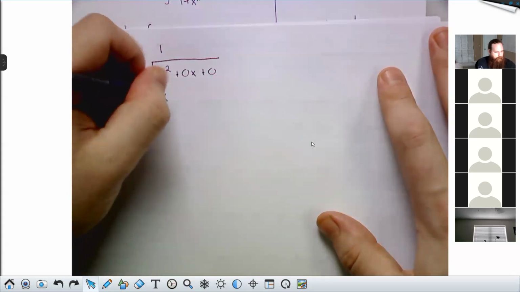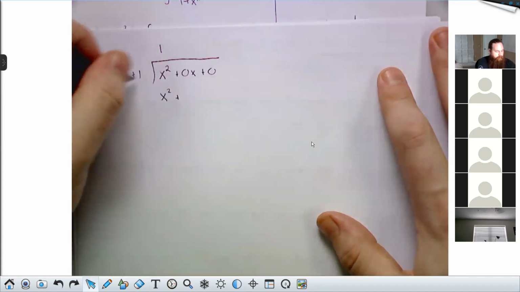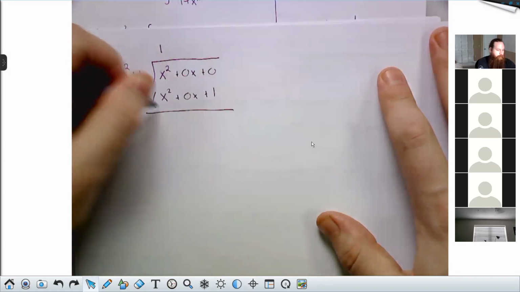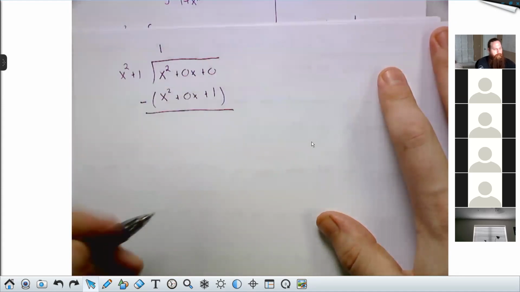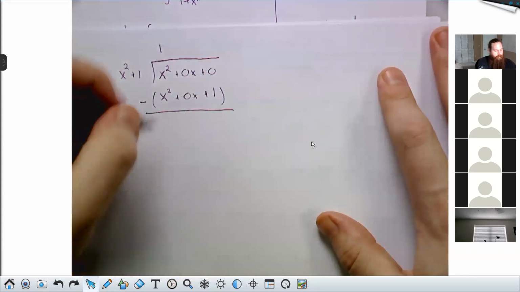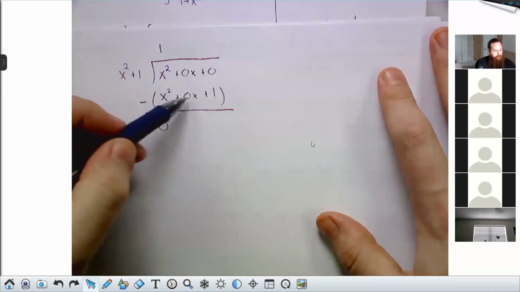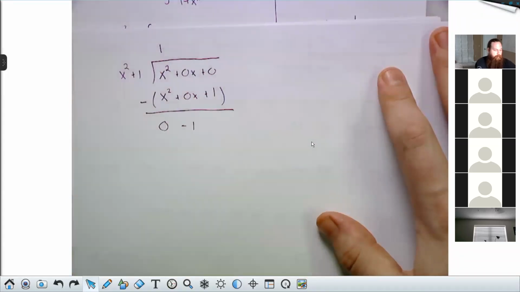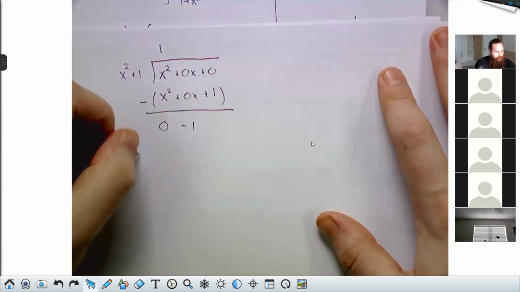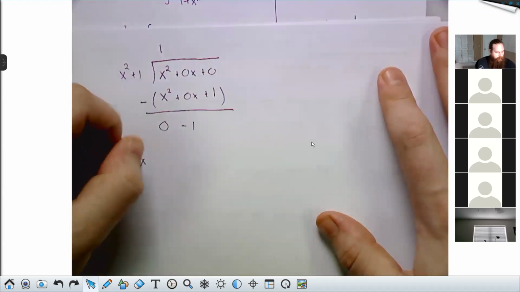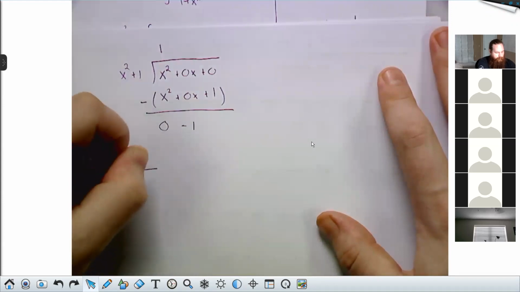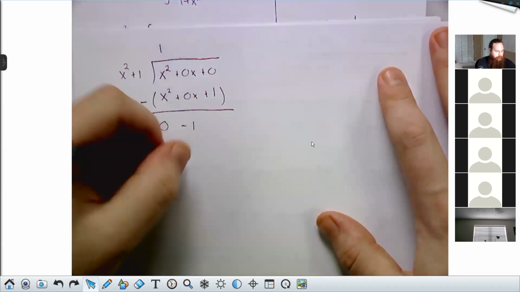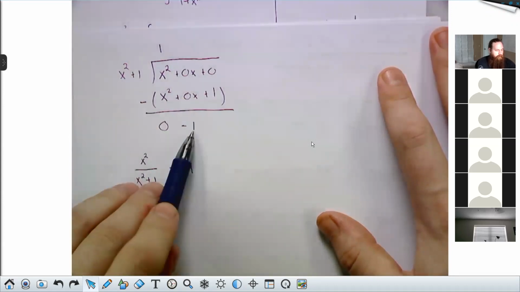And then I go ahead and distribute that 1 here. So I'll get x squared plus 0x plus 1. And then I subtract the rows. x squared minus x squared, that's 0. 0 minus 0, that's 0. 0 minus 1, that's minus 1. So what this says is that x squared divided by x squared plus 1 is equal to this plus this over this.